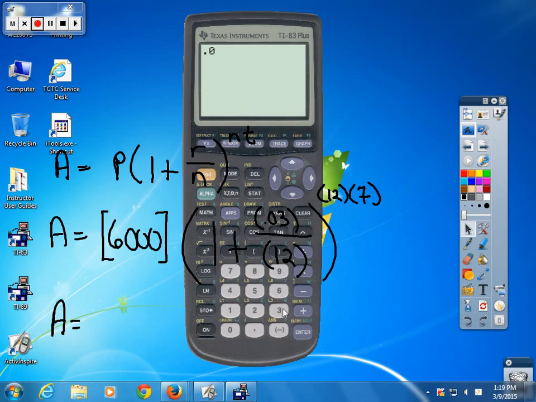And everybody should get that. 0.0025. Add that to 1. Hit addition, 1, equals.